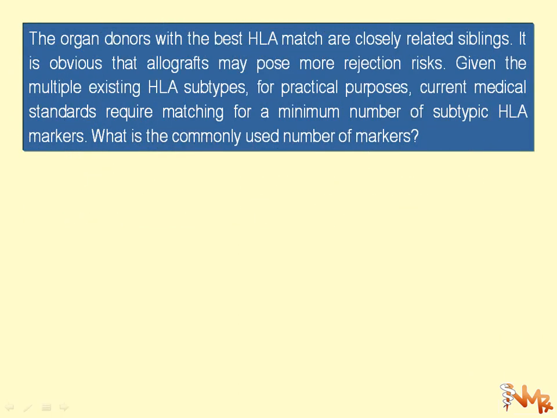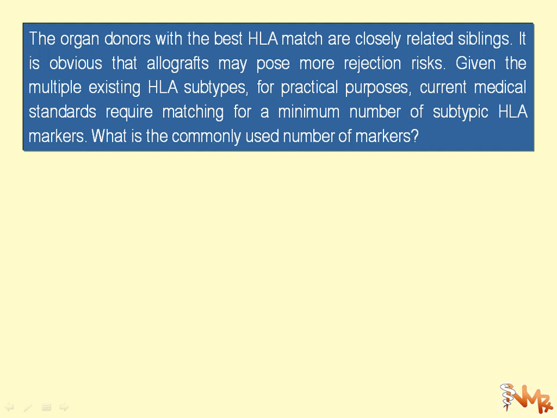The organ donors with the best HLA match are closely related siblings. It is obvious that allografts may pose more rejection risks. Given the multiple existing HLA subtypes, for practical purposes, current medical standards require matching for a minimum number of subtypic HLA markers.